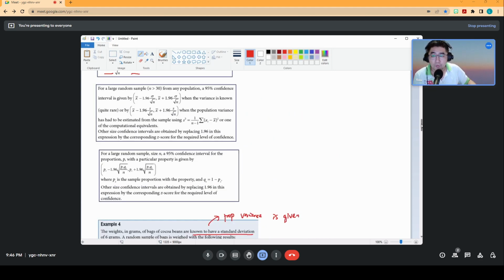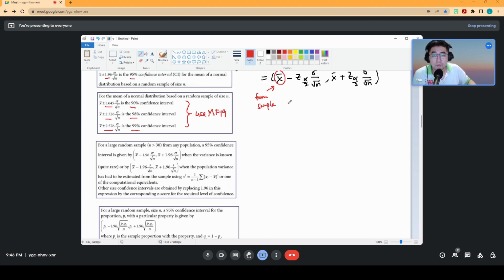Remember from the previous lesson we learned about CLT: for a large sample, n greater than 30, for any population, I don't care.